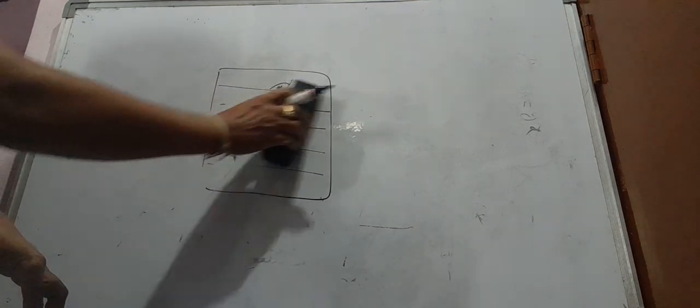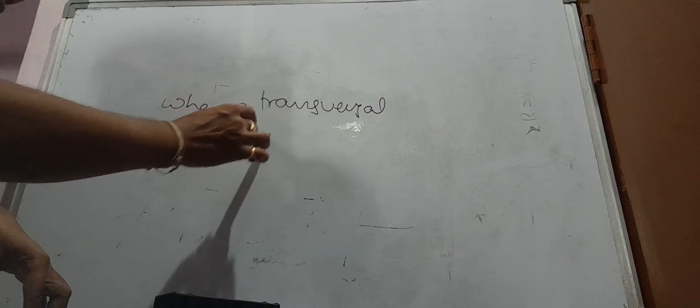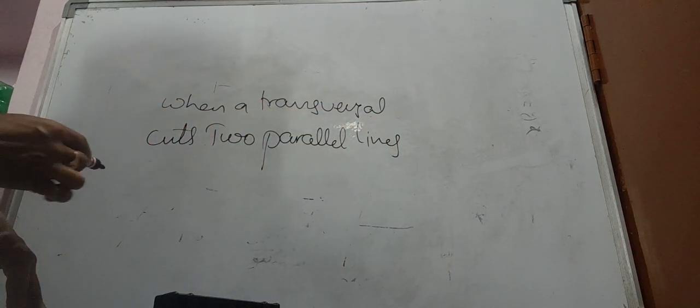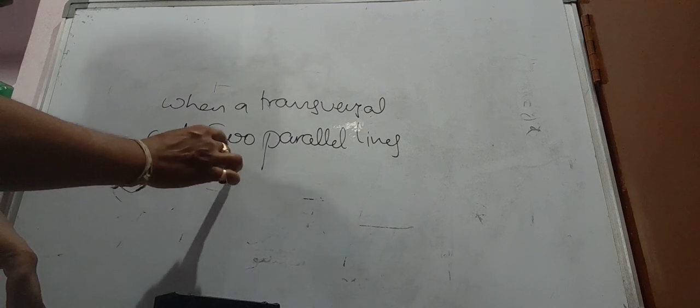So then you will make one conclusion, children. What is that conclusion? When a transversal cuts two parallel lines, the corresponding angles are equal.